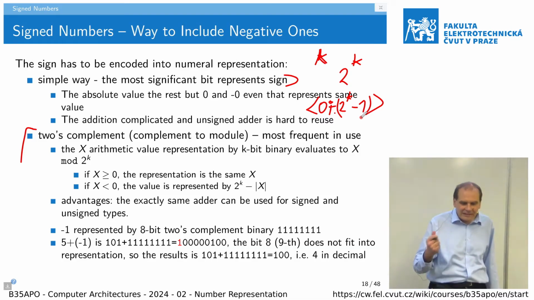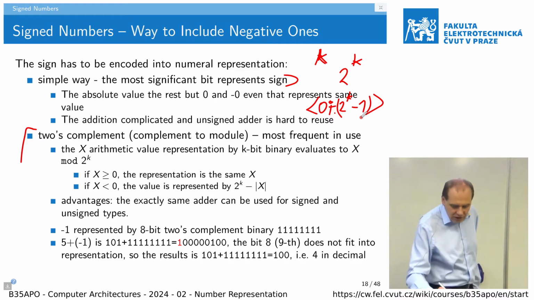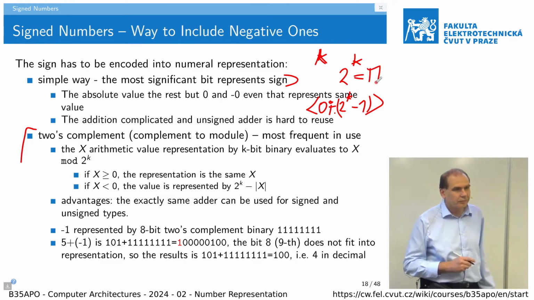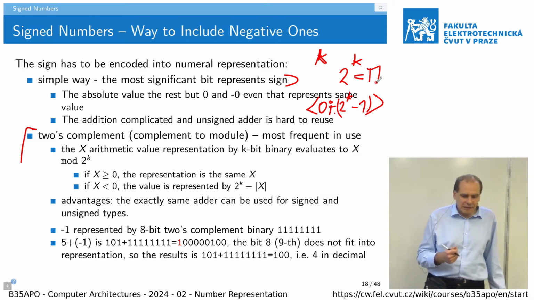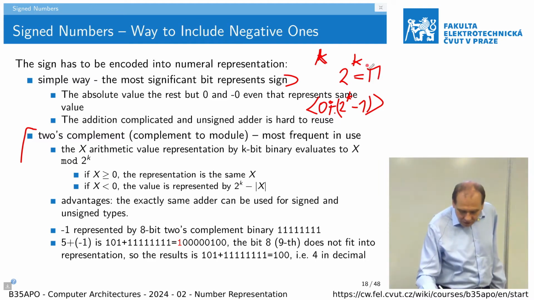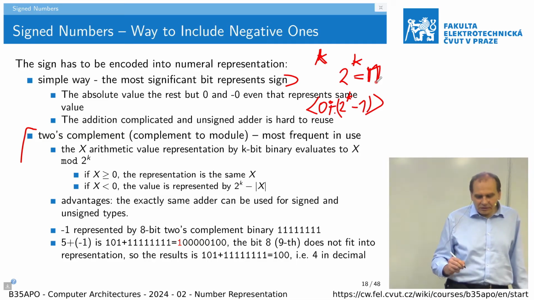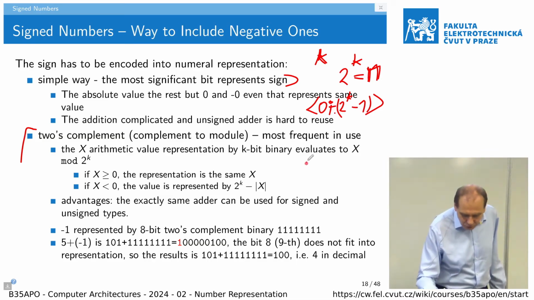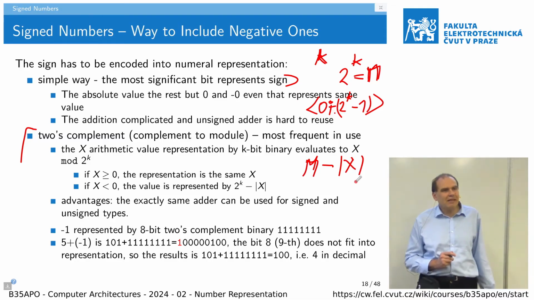And the first number, which is not covered by the representation, is called a module. So it is the first value which you cannot represent in the given representation. And if we define that negative numbers are stored as this module value minus the absolute value of some x, then it has a very big advantage.